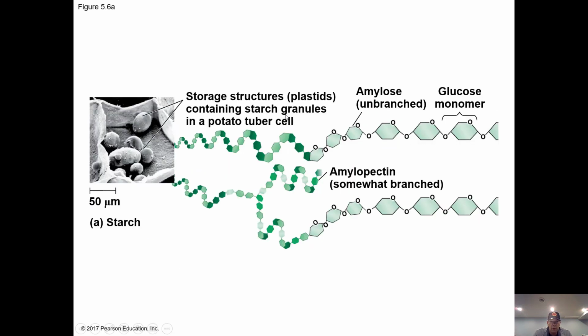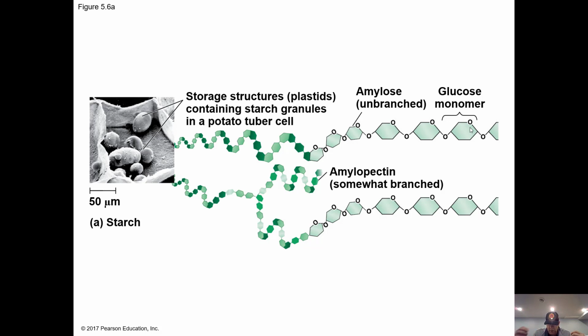So here you can see all of the chain is all chained up here, and each one of these hexagons is a glucose. All right, and like I said, you piece it together, you make some starch, and the technical term is amylose. And that's a real simple one.